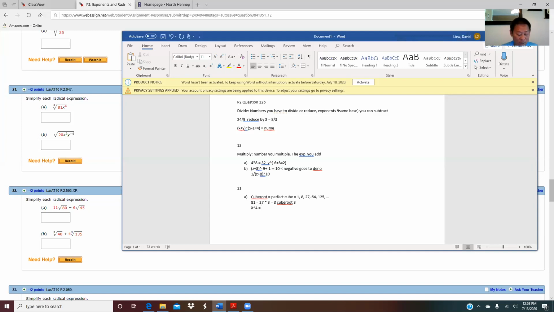So we change this to x cubed times x to the 1, because 3 plus 1 gives us 4, and x cubed is a perfect cube. So that perfect cube will give me an x. And 27 is also a perfect cube, and that is going to give me a 3.